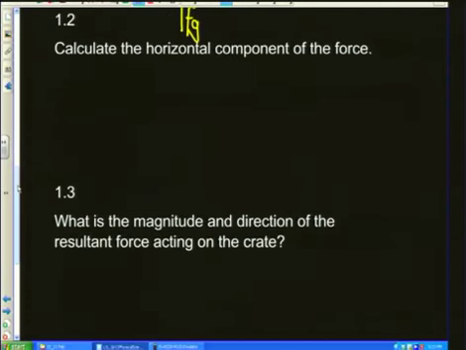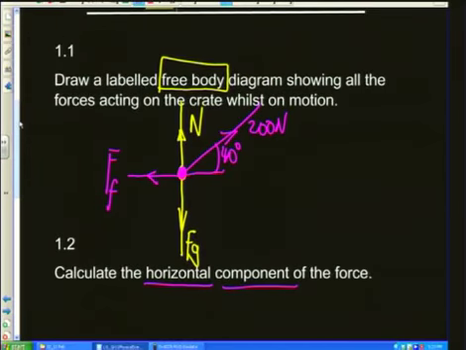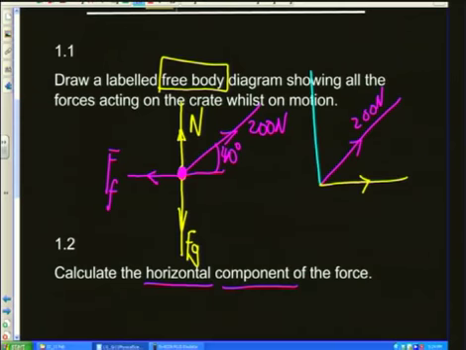Then 1.2 says, calculate the horizontal component of the force. If you come back to this force here, the 200 Newton force, it has a horizontal component, and it also has a vertical component.